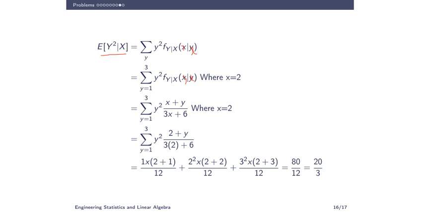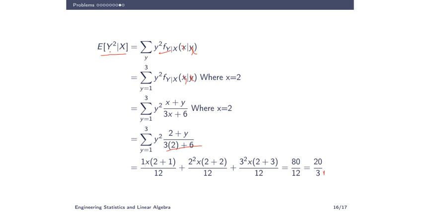Since it is the expectation of y square, you have to substitute y square here. The function remains the same, (2 + y) divided by 12, and y square will come: 1, 2 square, 3 square. Substituting the values, you will get 1 into 3, that is 3, plus 16, plus 5 into 9, 45, so you will get 80 by 12, or 20 by 3.